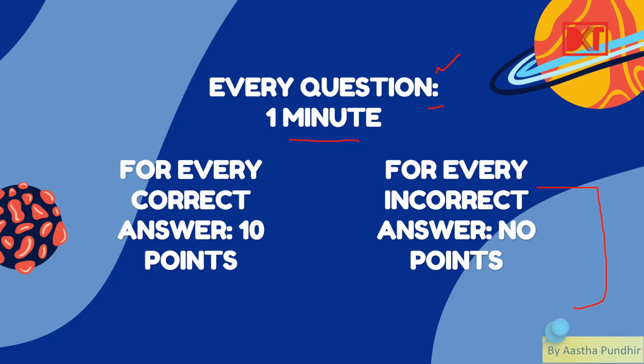Now for a question of which you are not sure about the answer, even here and even in the exam, if you think that B option might be correct or C option might be correct, you should play your luck and play your mind and make a guess and still give an answer, because it is a win-win situation.